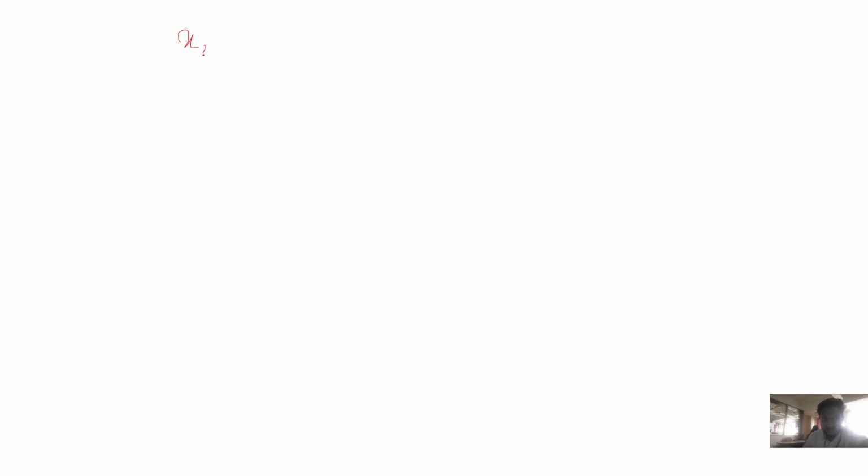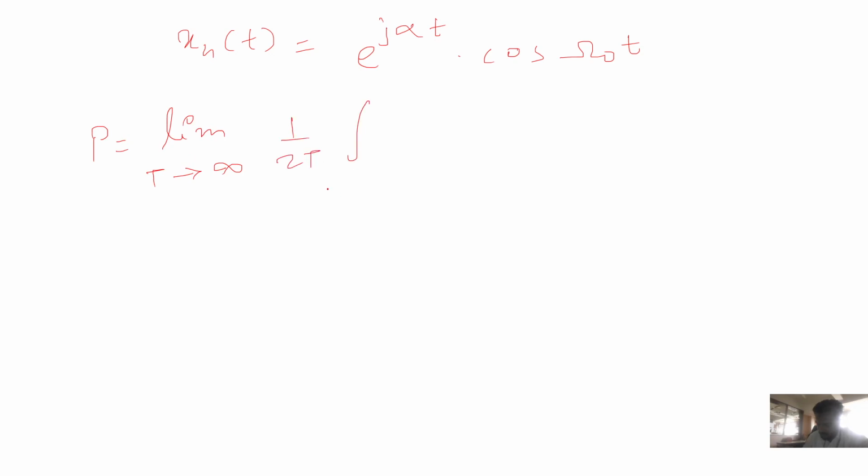Okay. Now let's take one more thing. x4 is equal to e raised to j alpha t into cos of omega 0 t. This is our equation. Power is equal to limit T tends to infinity, 1 upon 2T, integration from minus T to T of mod of x(t), in this case x4 of t, its square dt.